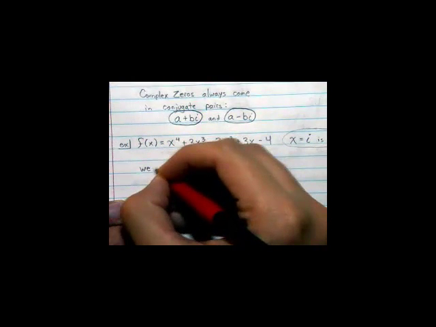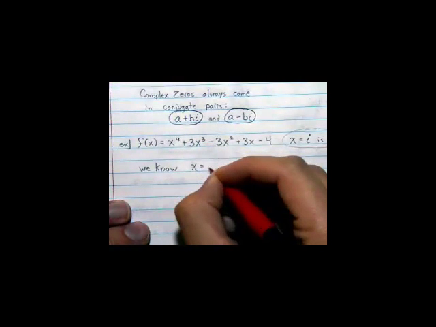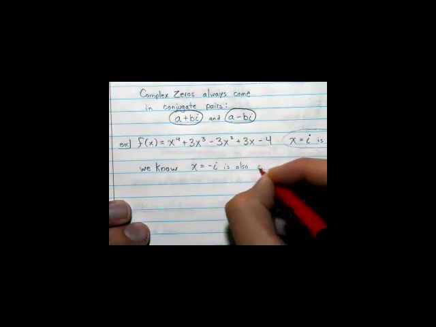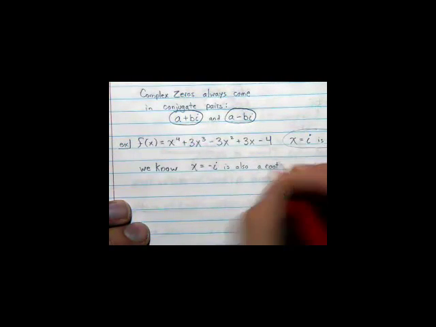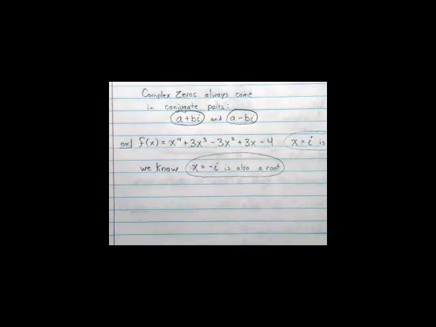So the conjugate of that, 0 minus i, must also be a root, because of that complex conjugate zeros idea.